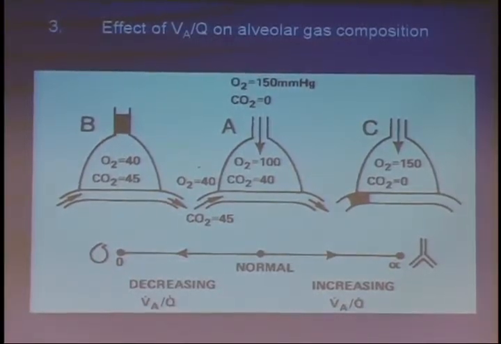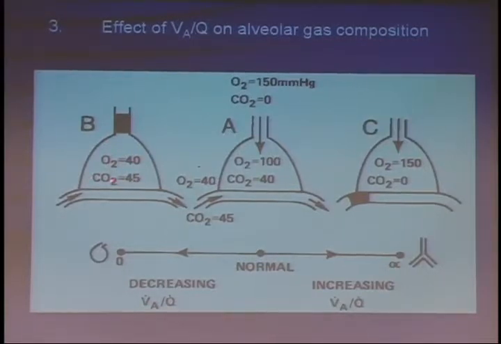Well, in mixed venous blood, the PO2 is about 40, and the PCO2 is about 45. And so this lung unit equilibrates with the mixed venous blood. And the gas here in these alveoli has the same composition as the mixed venous blood, PO2 of 40, PCO2 of 45.